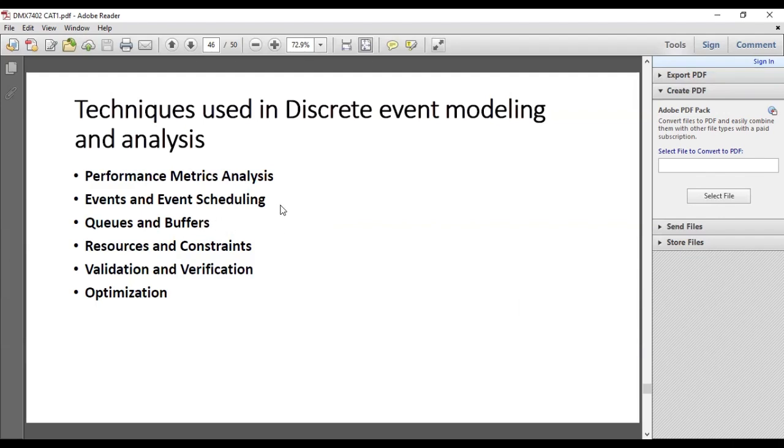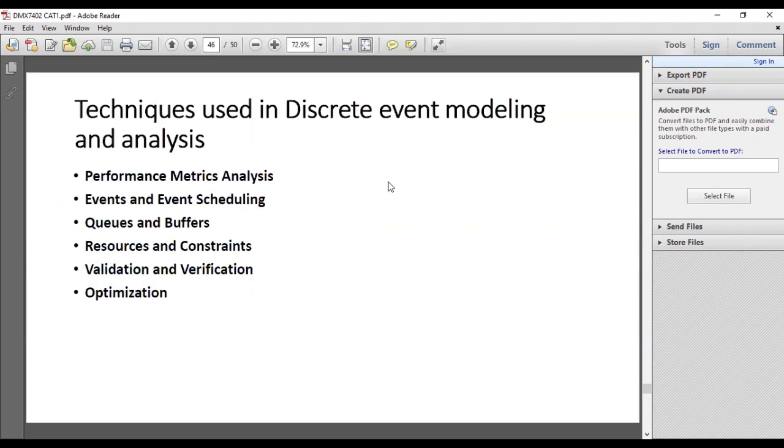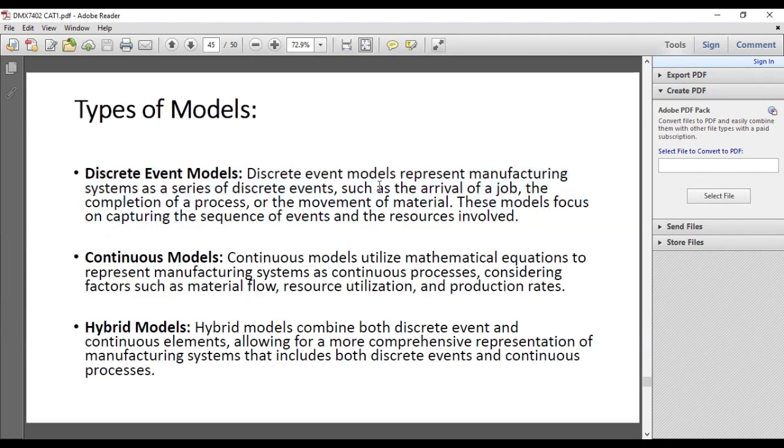So these are the techniques in discrete event modeling, and these are the techniques in continuous event modeling.